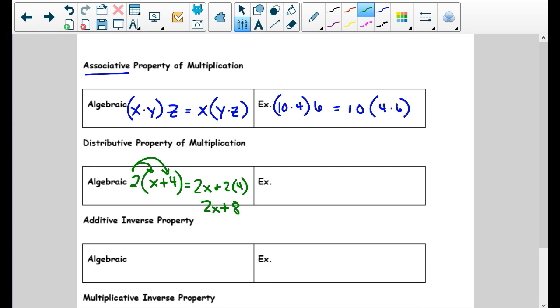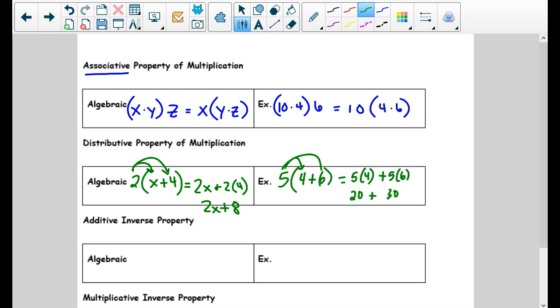You can use it when there's no variables, but again, most of the time I think it's easier, if there's just numbers, to solve the parentheses and then multiply on the outside. So you could have 5 times (4 plus 6), and again I can multiply these together. 5 times 4, 20. 5 times 6, 30.